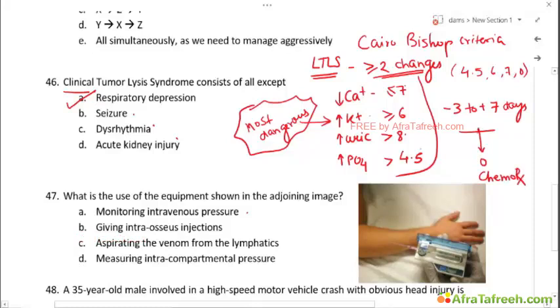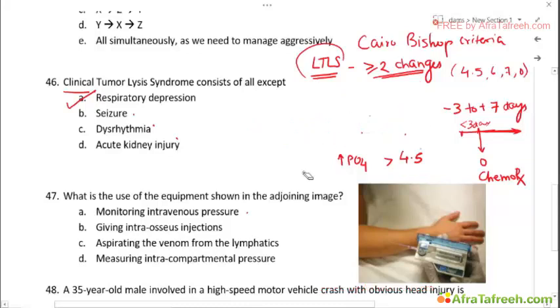Then that is considered to be day 0. Then up to 7 days post chemotherapy, if you develop any two of these changes, or even within 3 days of starting chemotherapy, you develop these changes, then it qualifies for a laboratory tumor lysis syndrome.